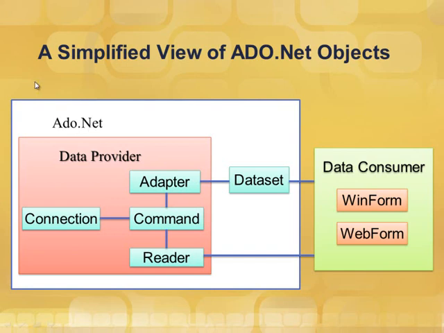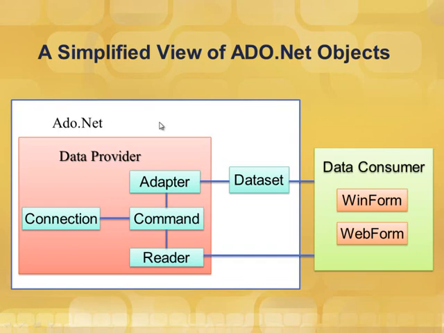Now, we have the application that is making use of the data, and we have the database at the other side. In between, we have ADO.NET, the set of classes that will do the miraculous work: connecting to the database, retrieving the data, and making the updates.